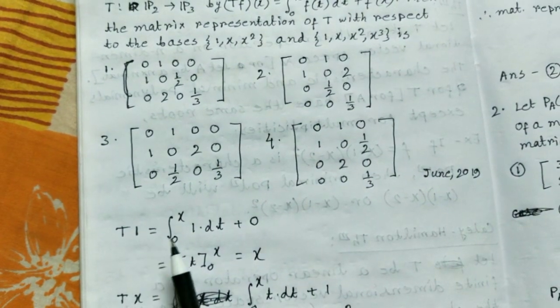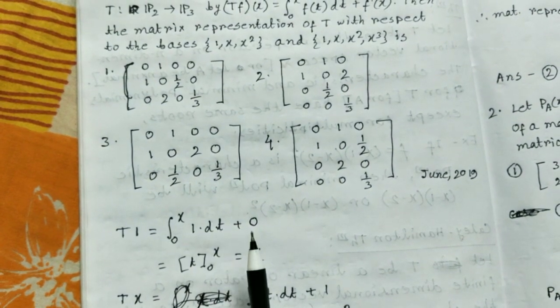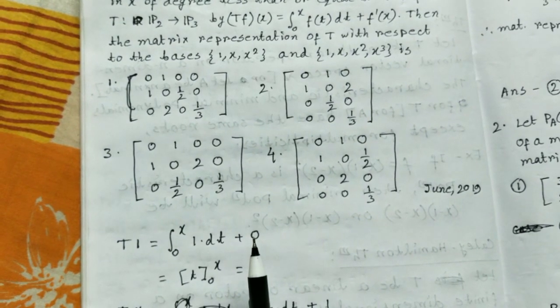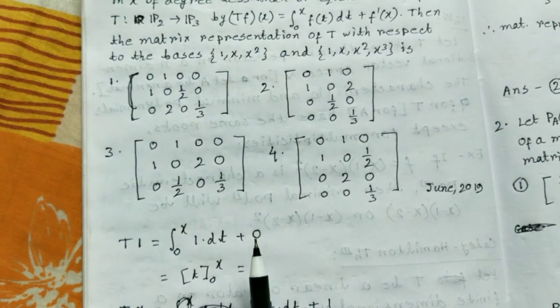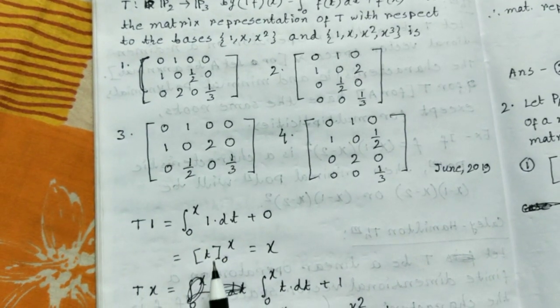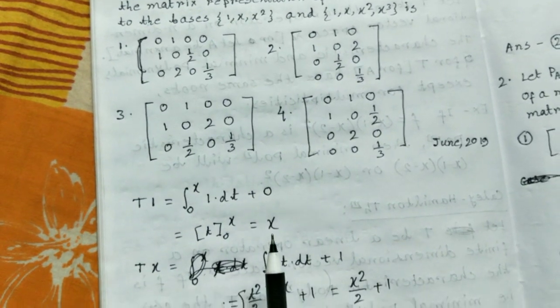So T of 1 will be integration 0 to x 1 dt plus 0, since f of x is equal to 1, so f dash x equal to 0. So the integration will be t from 0 to x, that is x.